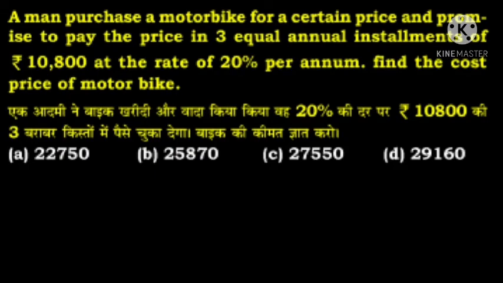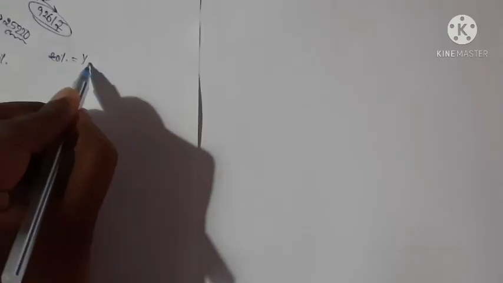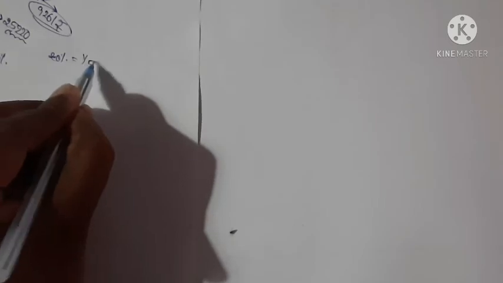A man purchased a motorbike for a certain price and promised to pay the price in 3 equal annual installments of 10,800 at the rate of 20% per annum. Find the cost price of the motorbike. So 20% is equal to 1 by 5.